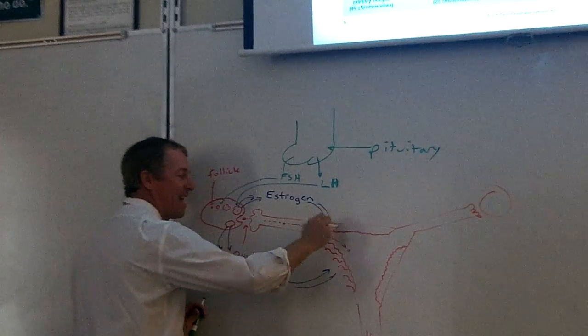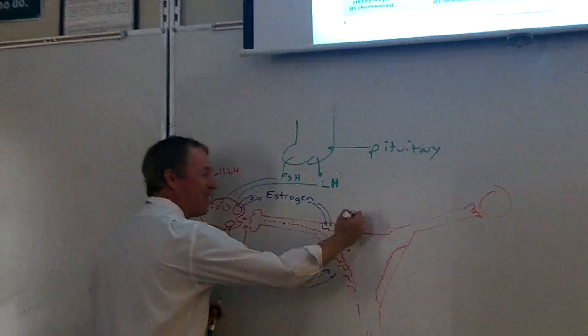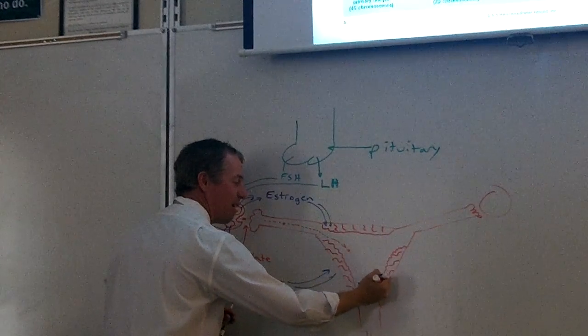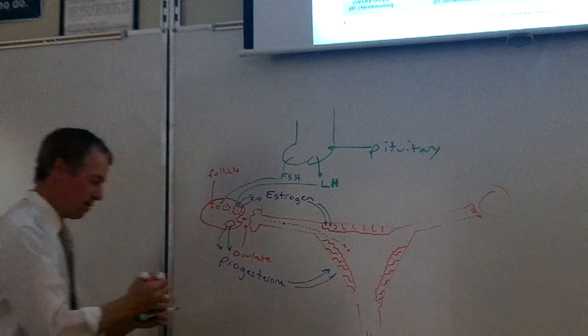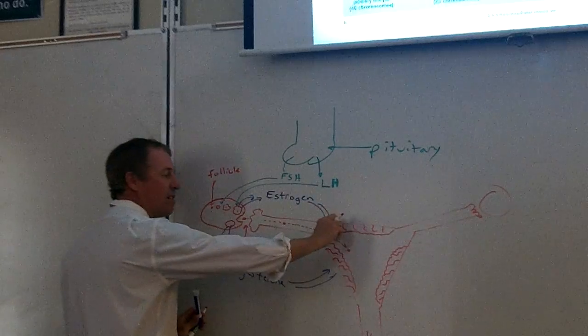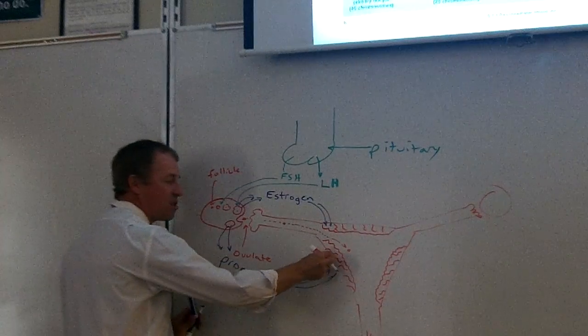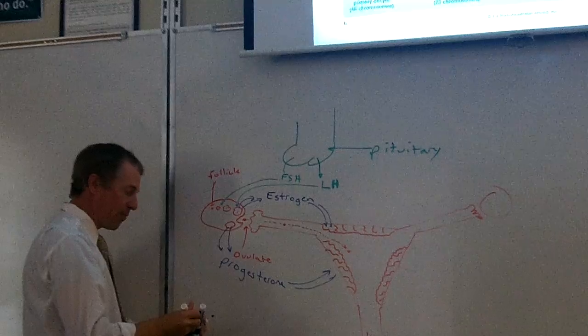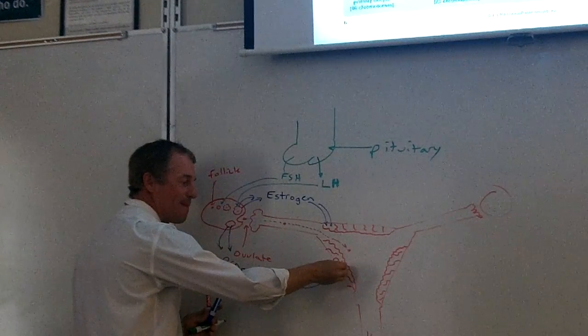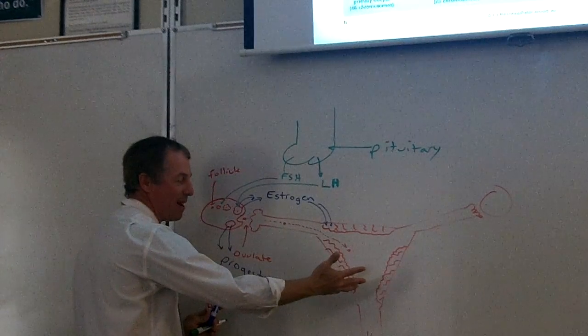So now we got a thick, bloody wall of the uterus. Isn't that gross? It's about to get grosser. So the estrogen tells the walls to get thick. The progesterone tells the walls to be bloody. And here comes the egg. And if the egg implants, you'll grow a baby.